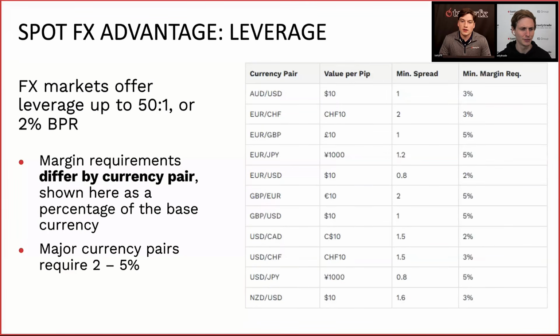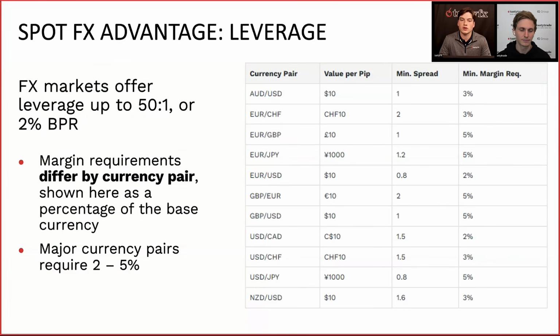And then let's talk about some leverage. Yeah, so this is a main advantage for a lot of traders, but leverage, of course, is a double-edged sword. All of these pairs, because of their smaller historical moves on an annual basis relative to other asset classes, are offered on leverage up to 50 to 1, which would only require 2% of buying power.